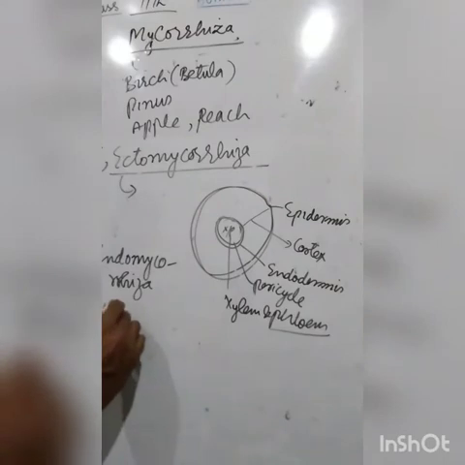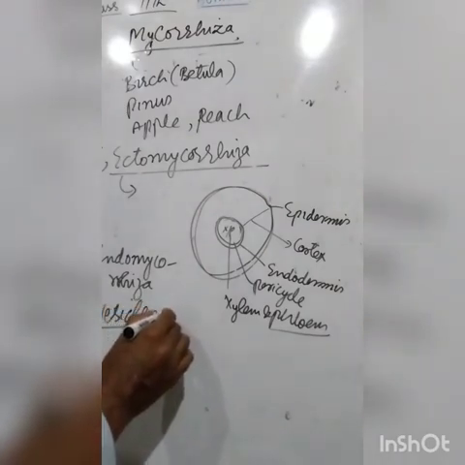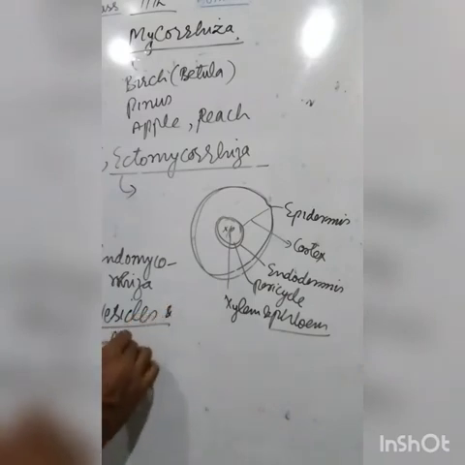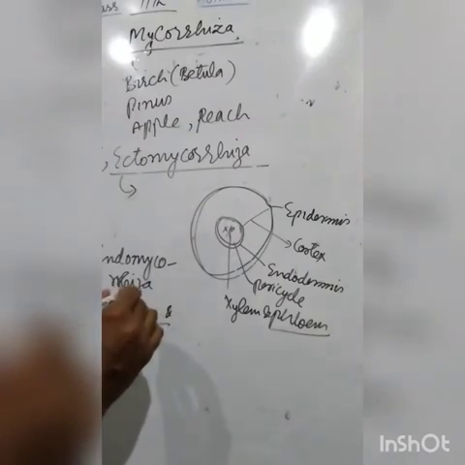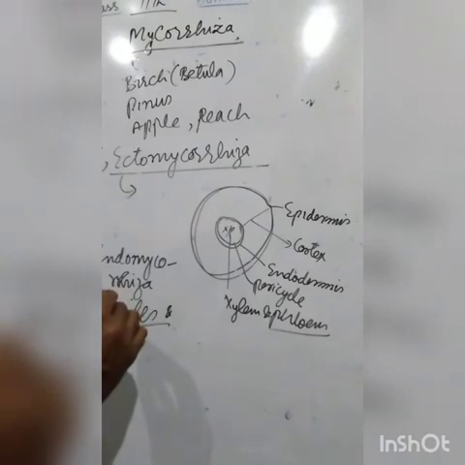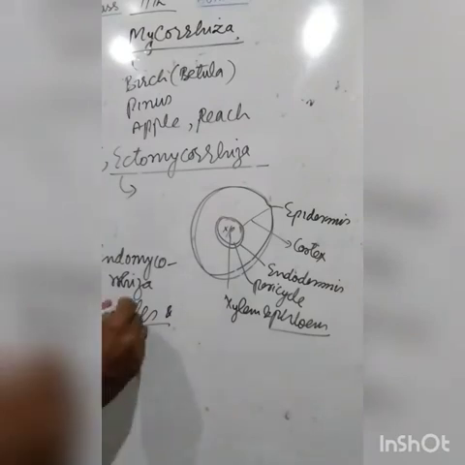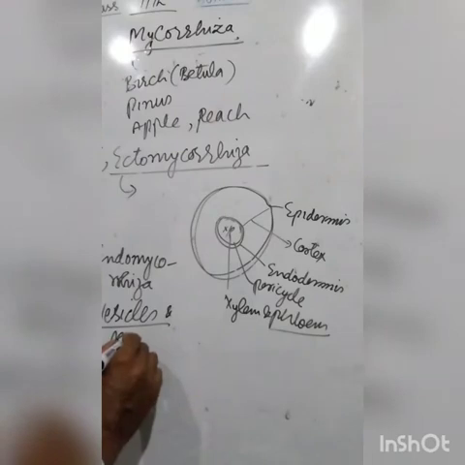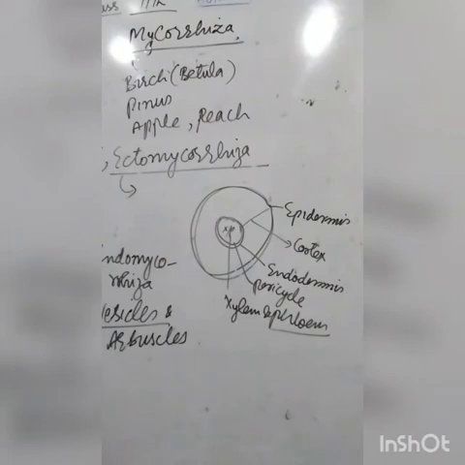Some of the mycorrhizal hyphae penetrate up to the inner cortex or xylem, and they form special swollen tips of the hyphae, called arbuscles or vesicles.